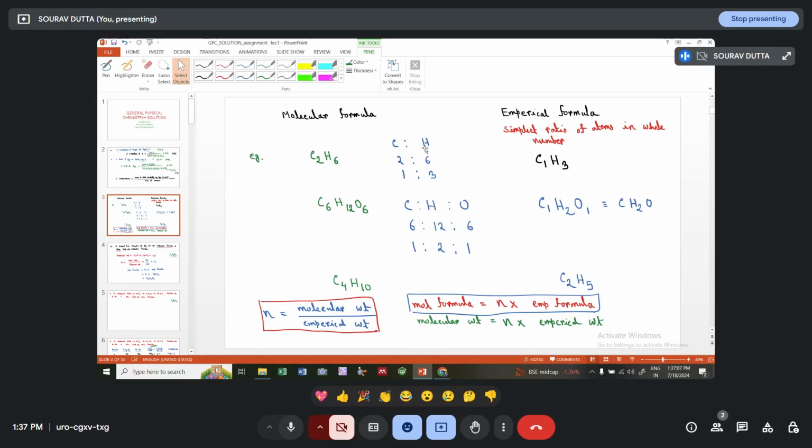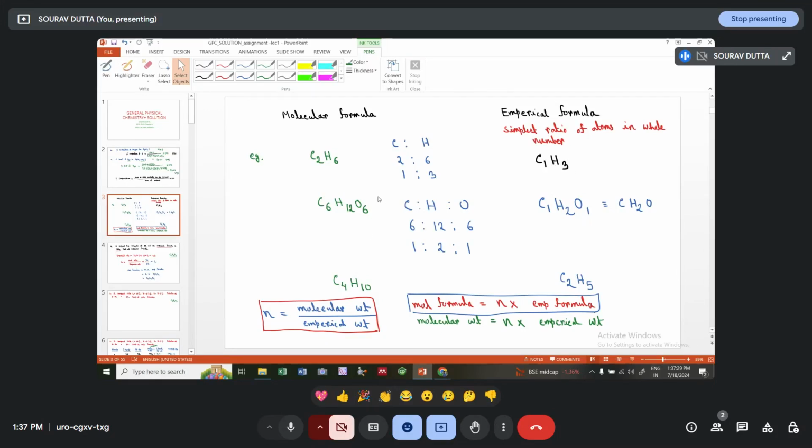What is the ratio of atoms of carbon and hydrogen? It is 2:6. If I simplify this, we will get 1:3. This ratio is the simplest ratio and it will be taken in the empirical formula. So the empirical formula is CH3.